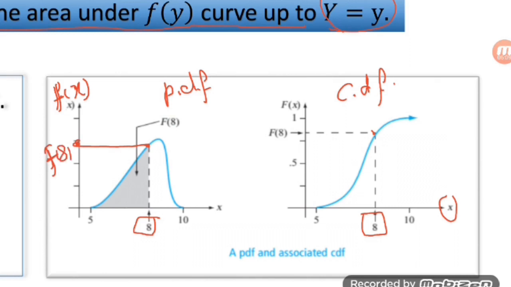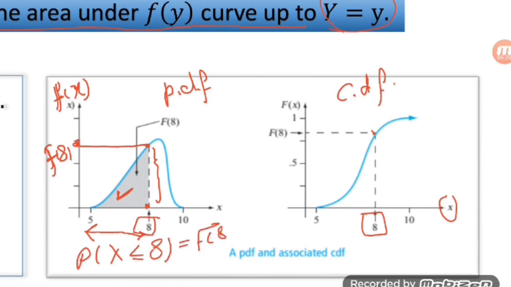This is a height from this point to the curve. Fine? But the area under the curve from the lowest value up to 8, which is given here by this shaded area in gray, in fact gives us the probability that x is less than or equal to 8, which is capital F of 8.